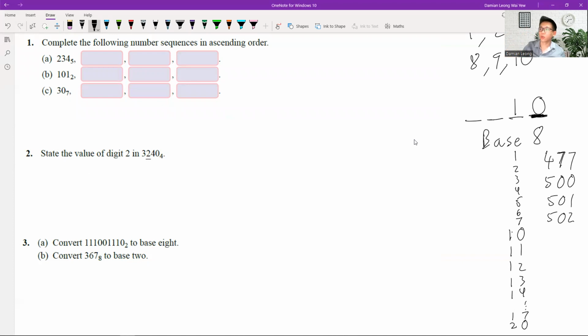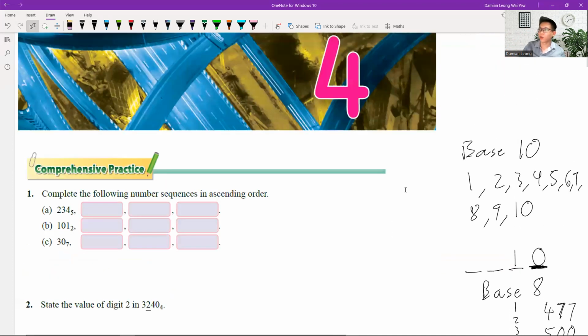So how that actually works is, back to base 10 again, for your normal numbers, let's say I have 3, 4, 5, 2 in base 10. What it actually means is 3000 plus 400 plus 50 plus 2.